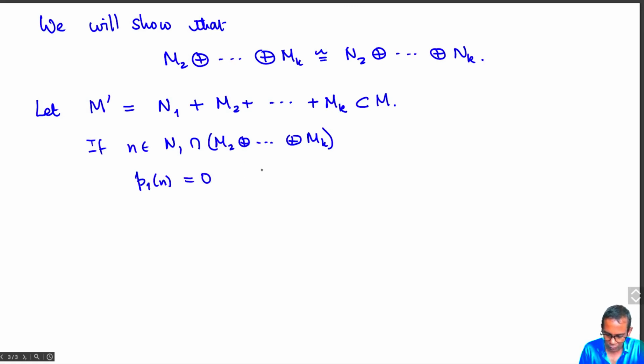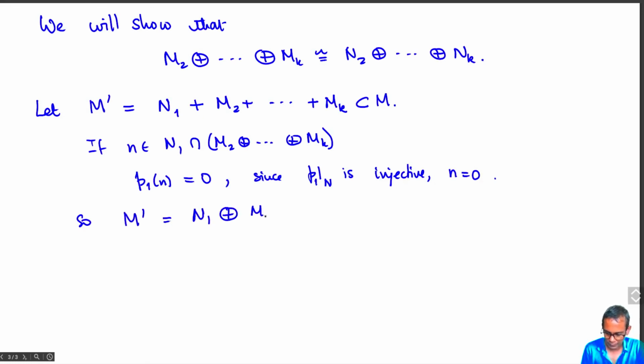But recall that P1 restricted to N1 is injective. It's an isomorphism onto M1. We get that n is equal to 0. So N1 intersect M2 direct sum ... direct sum Mk is 0. And so we have M prime is N1 direct sum M2 direct sum ... direct sum Mk.